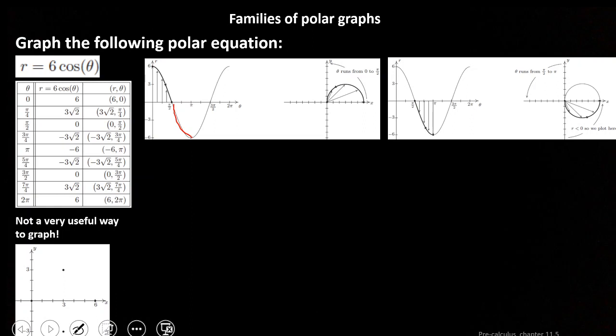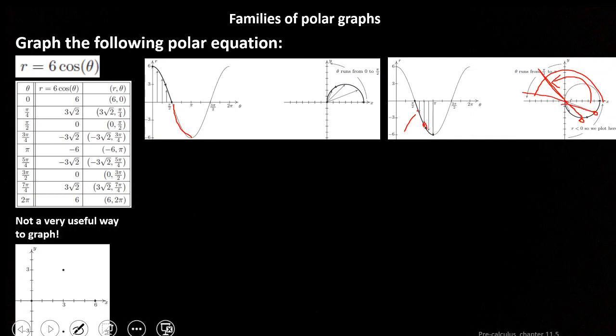Now if you continue and take some of these points, notice over here, r is negative. So for example, if you go to this point right there, that angle, which is past pi over 2, let's say is over here, then r is a negative answer. So you're going to go this way and put a point there. And if you go to this number right here, again, this is an angle. Let's say you go further this way, then r is negative, so you have to go that way.